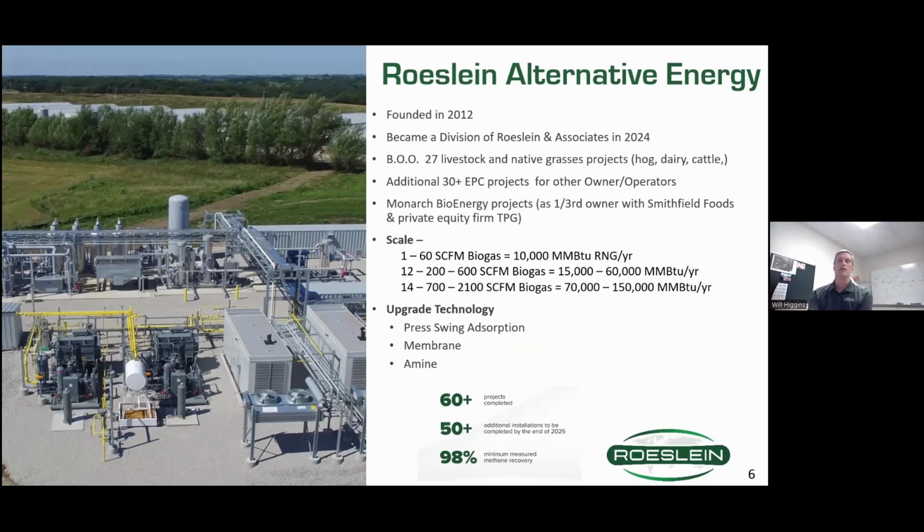Right now, we have built, own, and operate 27 different livestock and native grass project sites across the U.S. We've got sites in Arizona and Utah, all the way to Virginia and North Carolina. And of course, we have a couple in Iowa and several in Missouri and some in Texas and Oklahoma.